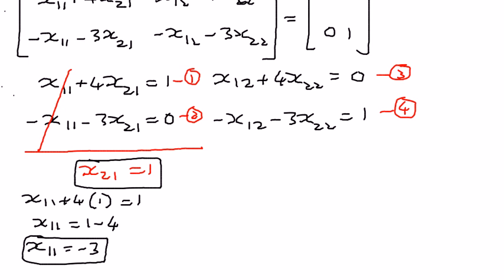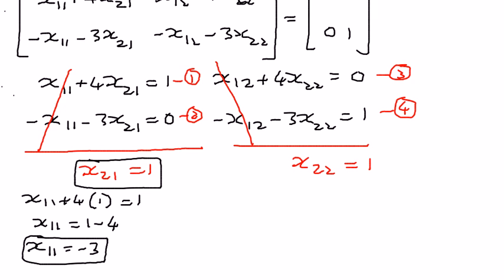So let's do the same thing by looking at equations 3 and 4. If we were to add these two equations, x12 and negative x12 cancel out, leaving us with 4x22 minus 3x22 will be 1x22, or just x22, and x22 is equal to 1.